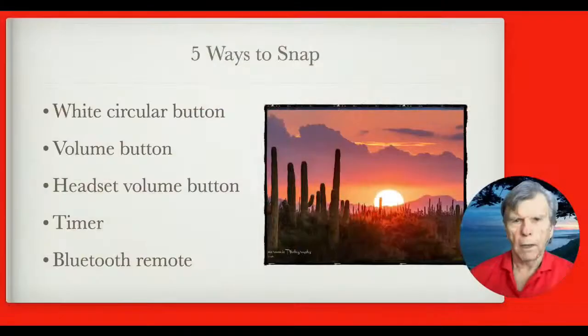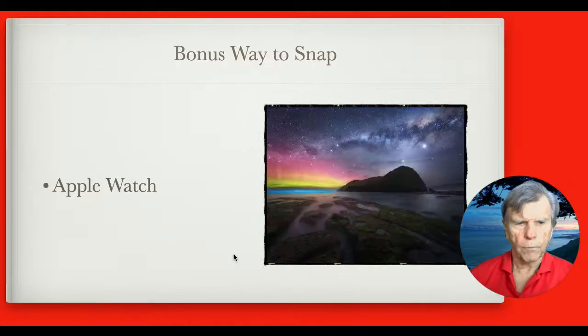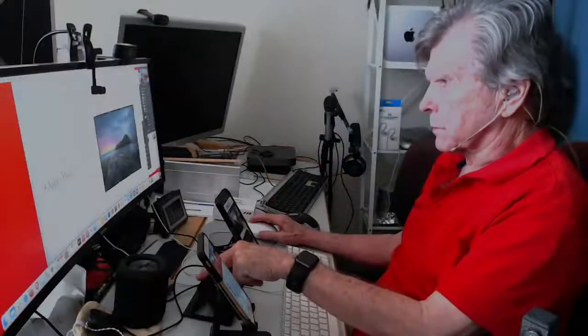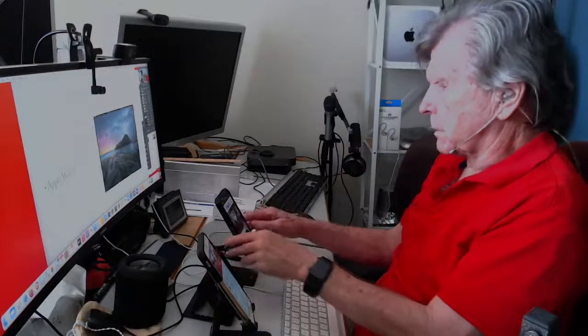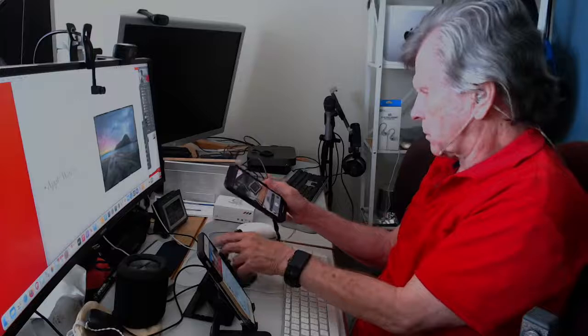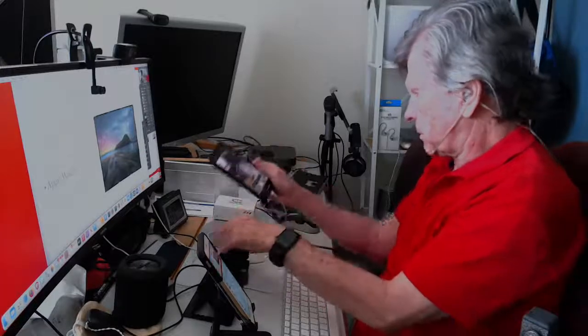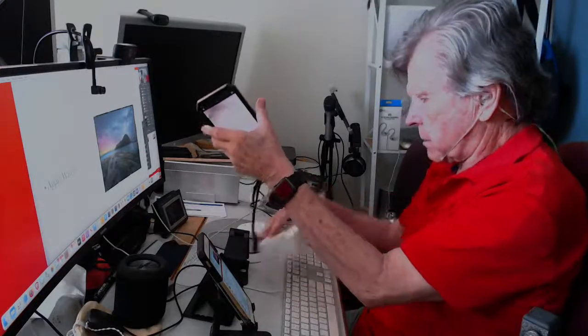What about a bonus? So there are the 5 ways, but there's one more at least, and that is your Apple Watch. So what we're going to do here is demonstrate this, and again, it's going to be hard to see, so let's put this up here on a box so it's a little higher.